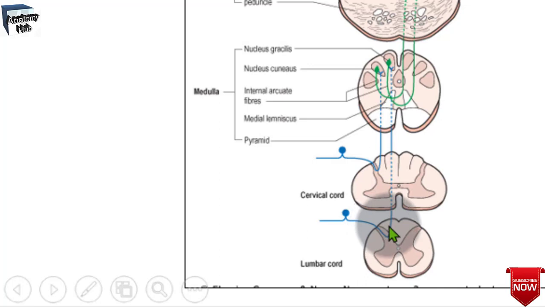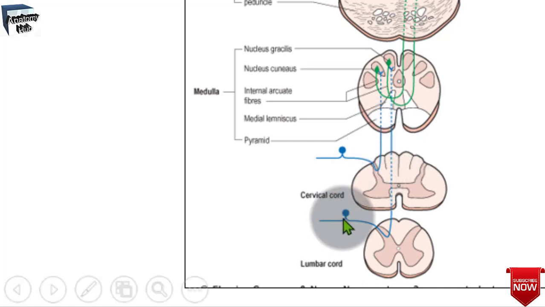This fasciculus gracilis is present medial to the fasciculus cuneatus at the upper level of the spinal cord.